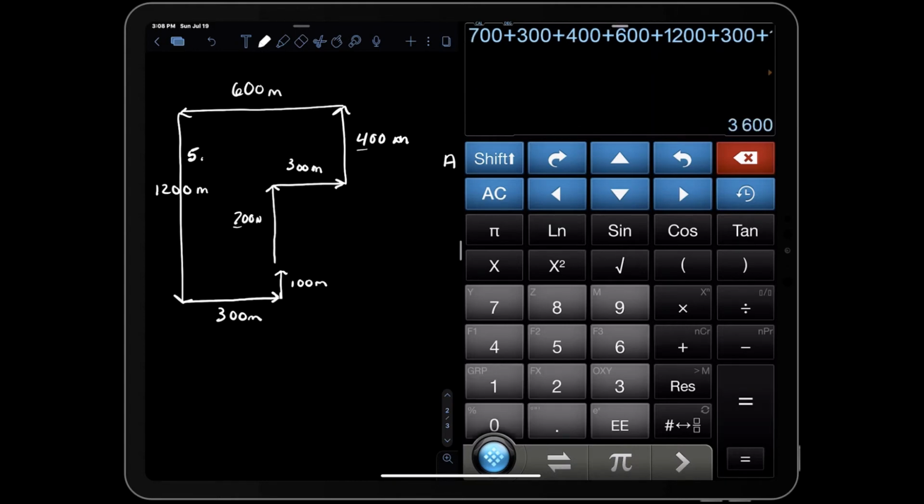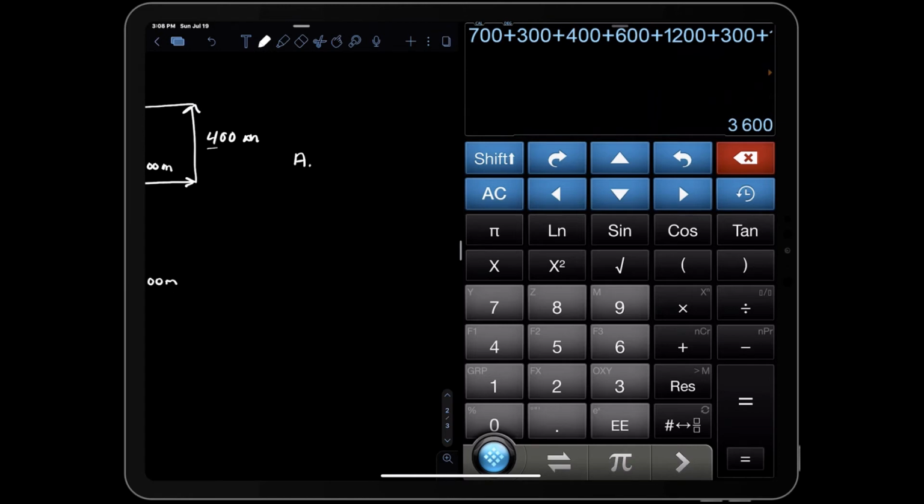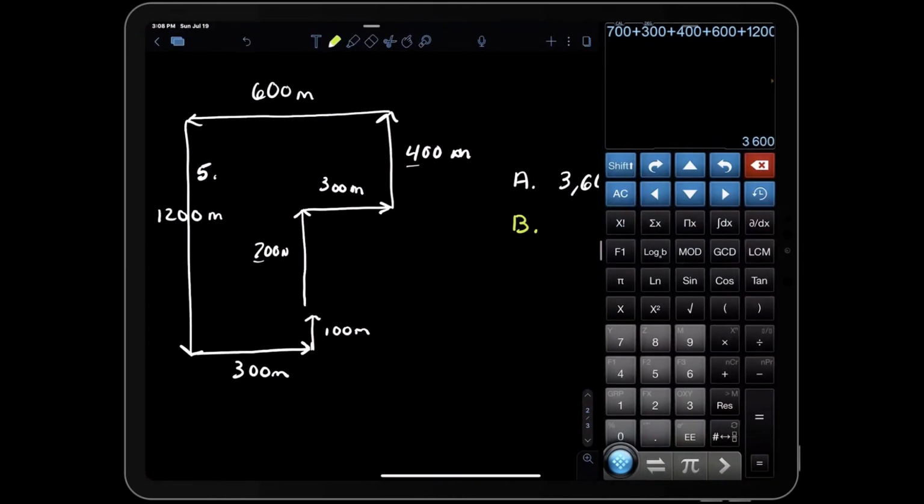We have a total distance that he would have been dirt biking of 3,600 meters. Now we get to that part where we have the displacement. How far away are we from the starting position?